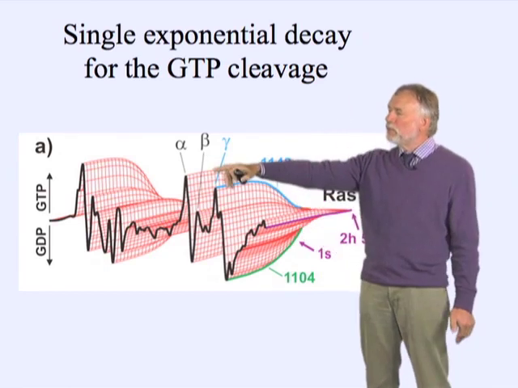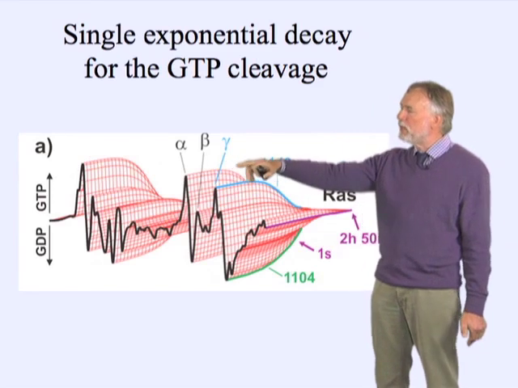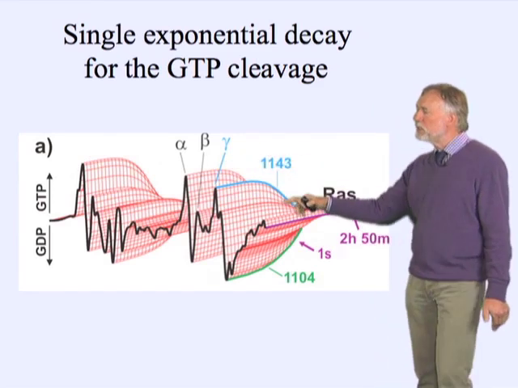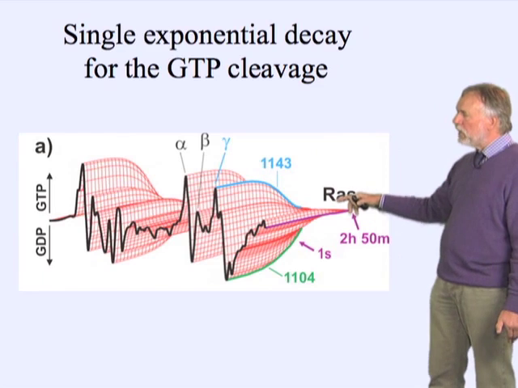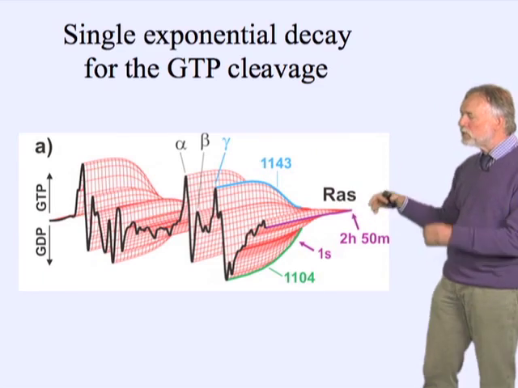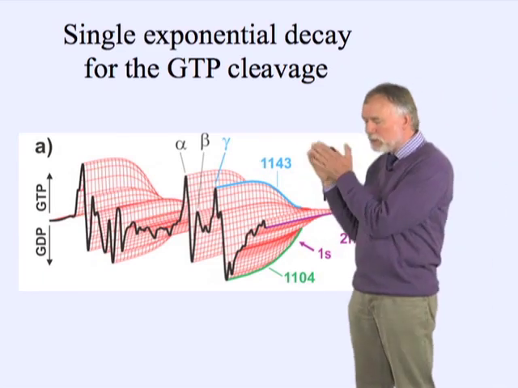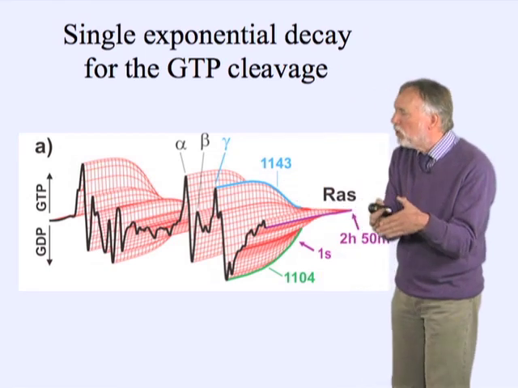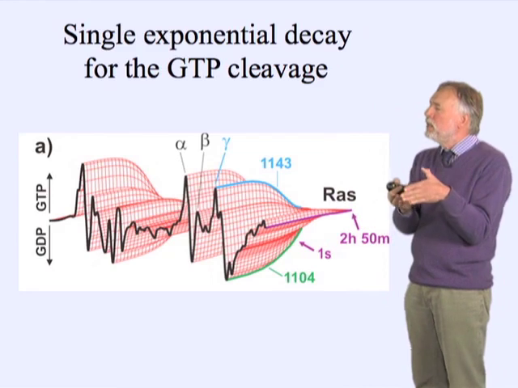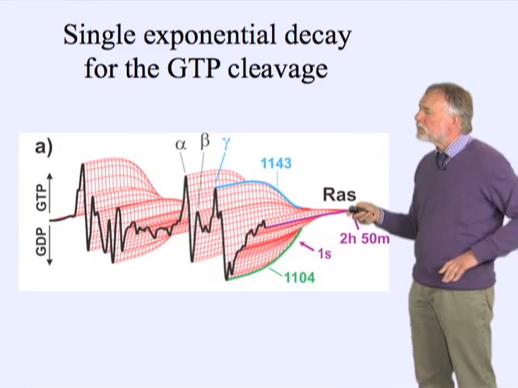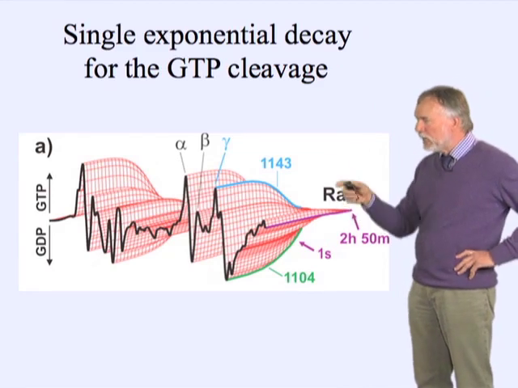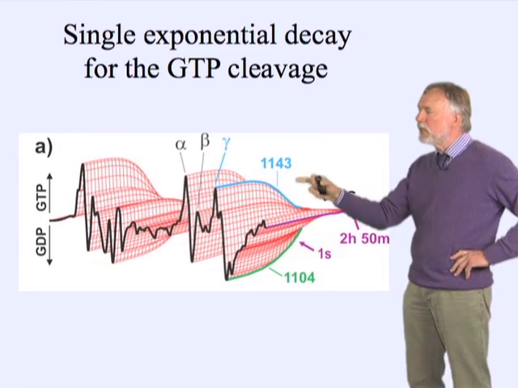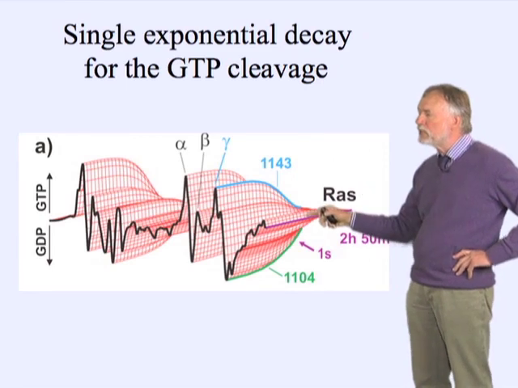For example, you see vibrations for the alpha, the beta, the gamma, which decrease toward the end and become zero after 2 hours 5 minutes. So the difference spectrum subtracts the end spectrum from the starting spectrum, and then you see only the changes that are occurring during the reaction. And so that is quite normal. There is a single exponential decay when Ras hydrolyzes GTP.